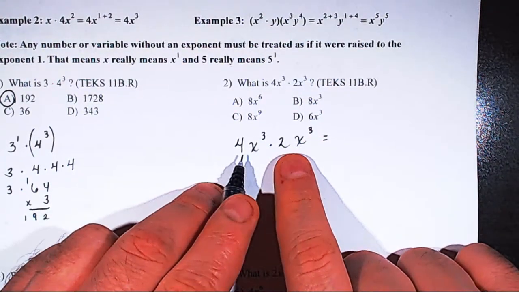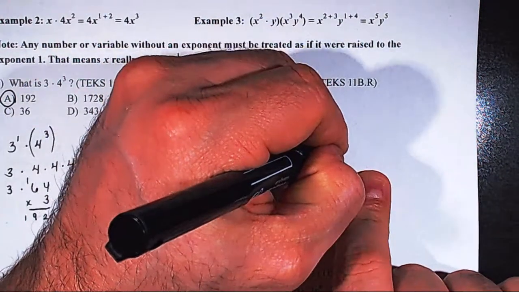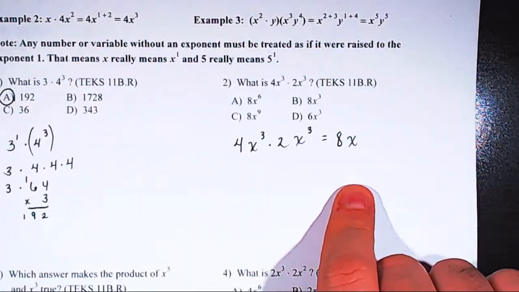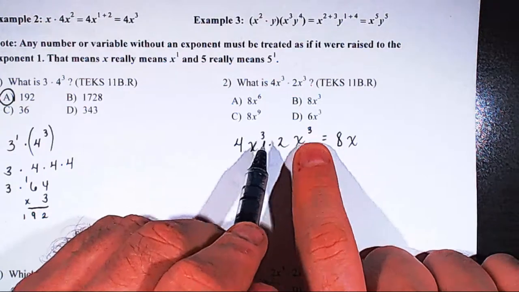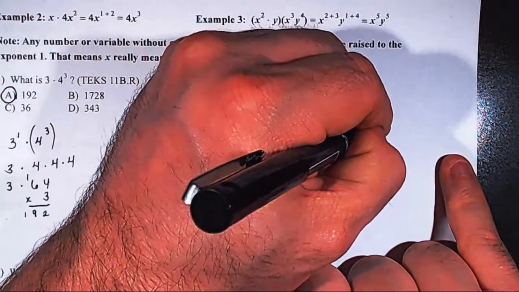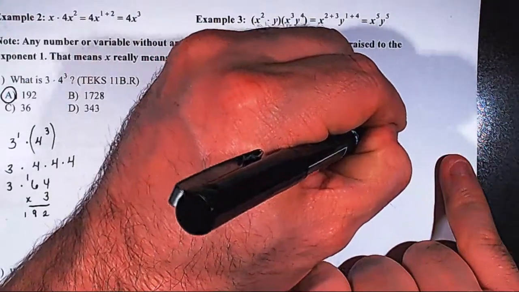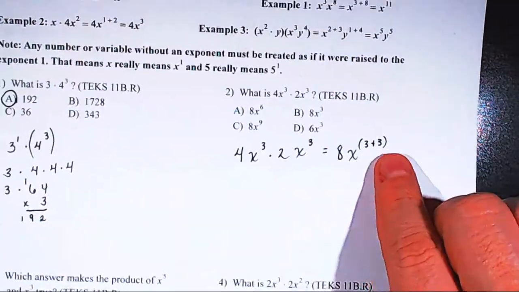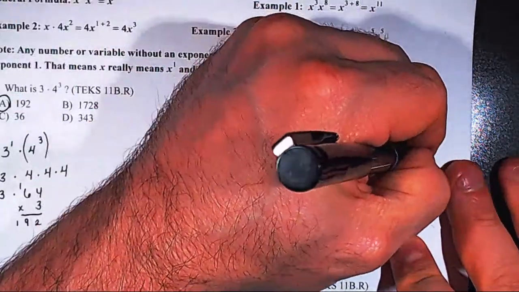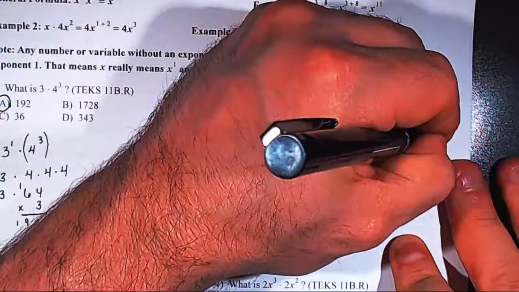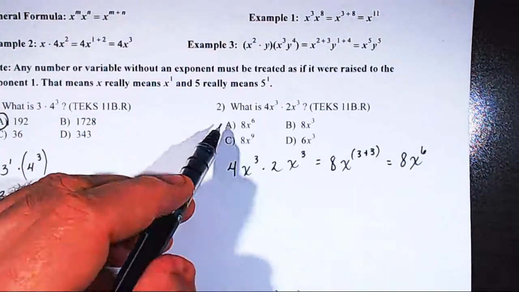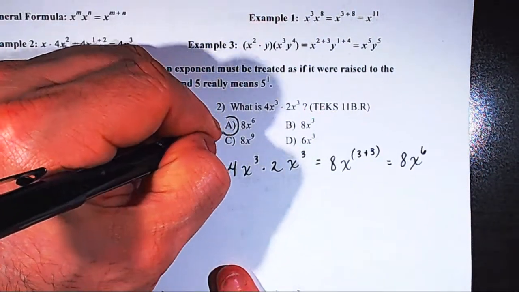So in this case we have 4 times 2, which is 8. Okay, the base is x, and then we add the exponents, 3 plus 3. 3 plus 3 is 6. So this expression is simplified to 8x to the 6th power. And that is option, answer choice A.